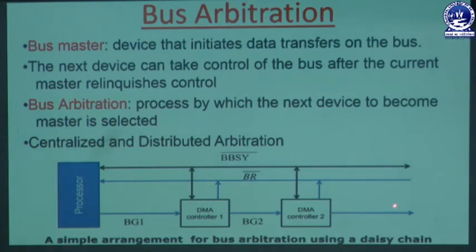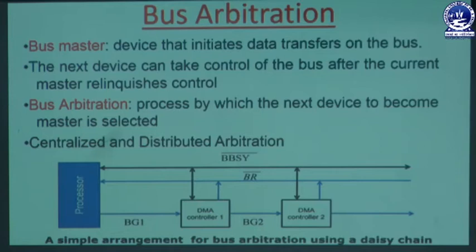The daisy chaining concept says that the device close to the processor gets the highest priority, and the device far away from the processor gets low priority. So in this order DMA controller 1 gets higher priority than DMA controller 2.